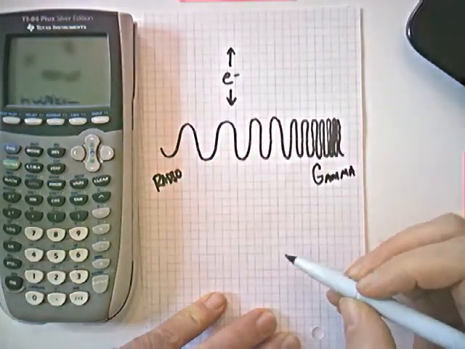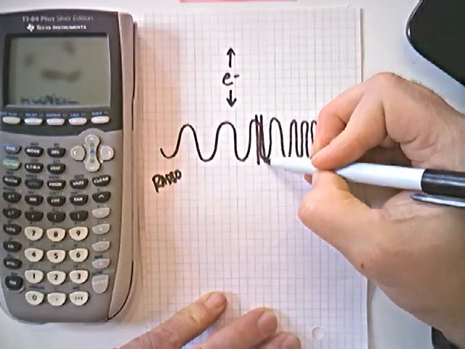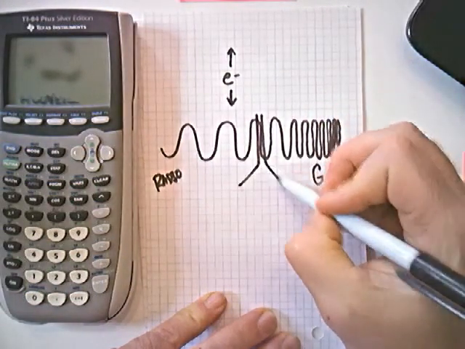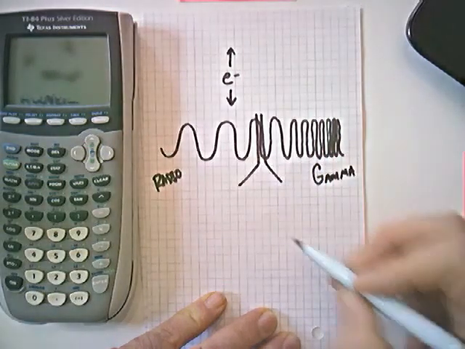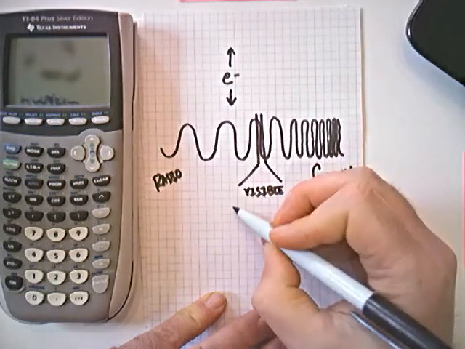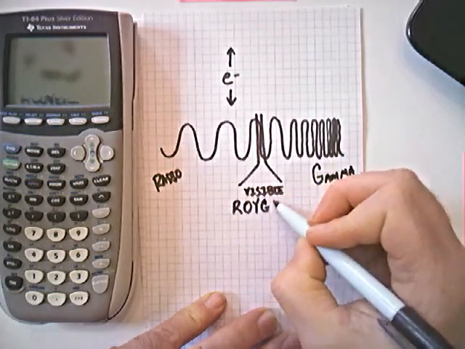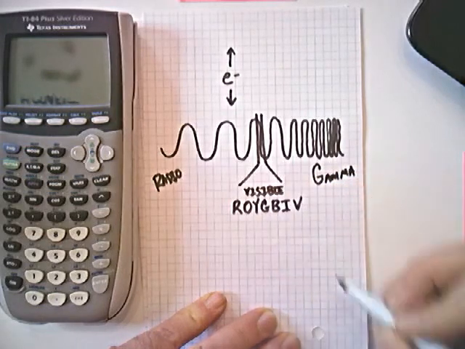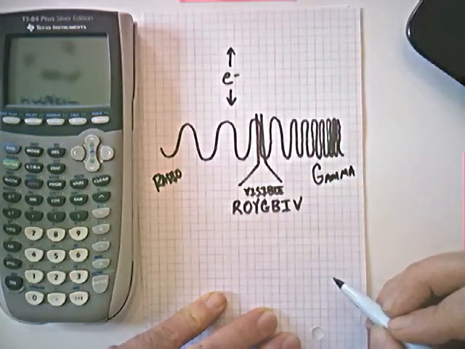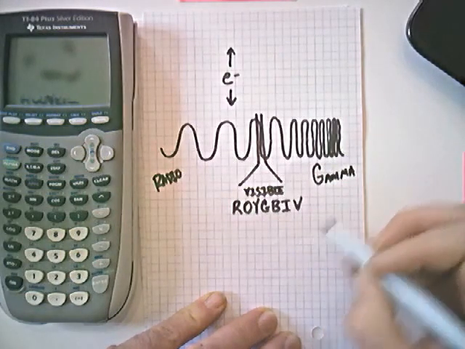Now, our eyes can only see a very small portion of this entire large form of wiggle. That very small portion that we see is called the visible. Within the visible, we have the colors you're more familiar with: red, orange, yellow, green, blue, indigo, and violet. Violet light has more energy than red light because it has a higher frequency.